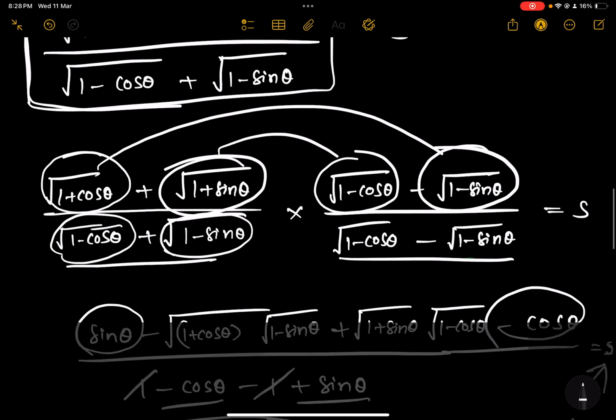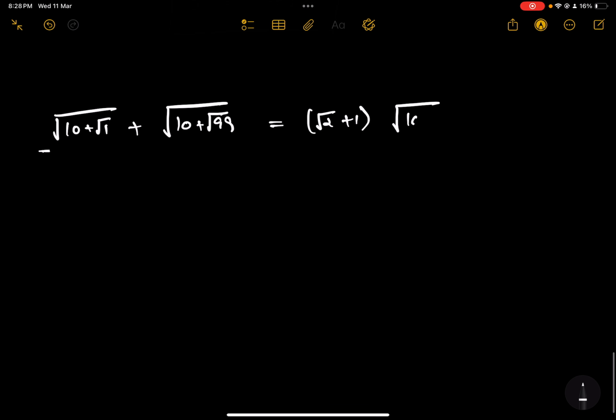Similarly, when you take this, all right, so your square root of 10 plus root 1 plus square root of 10 plus root 99 is equals to root 2 plus 1 times square root of 10 minus root 1 plus root of 10 minus root 99.